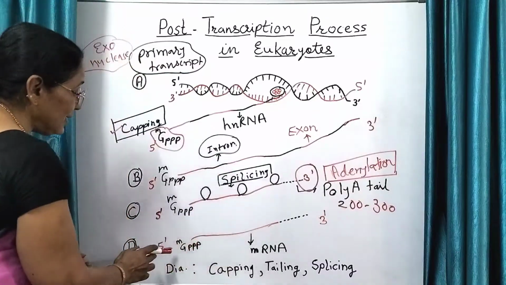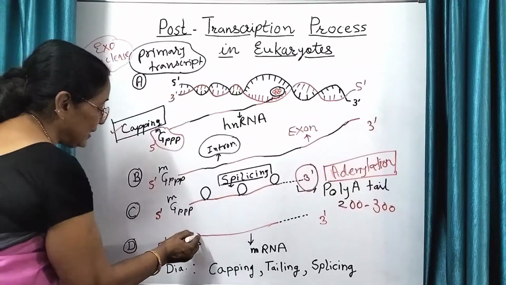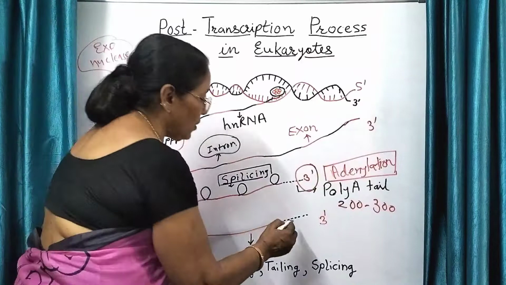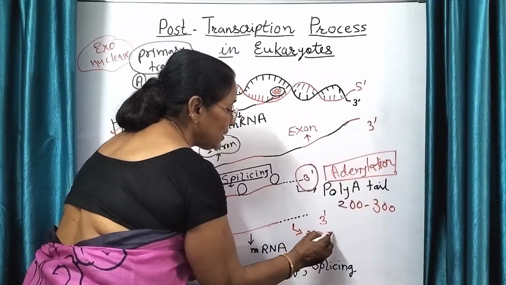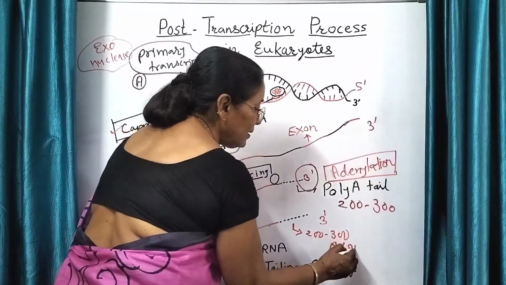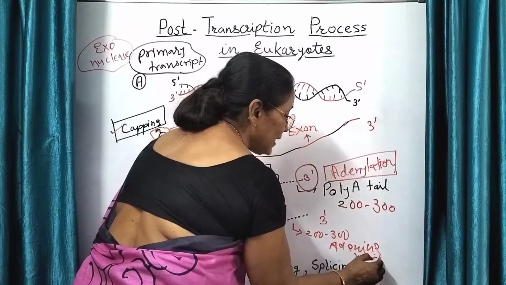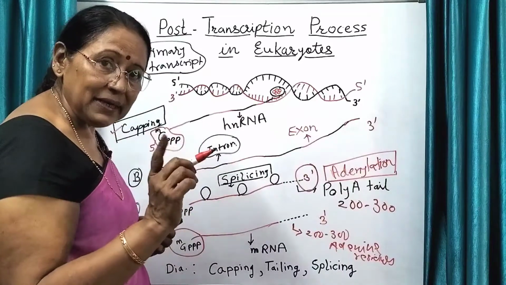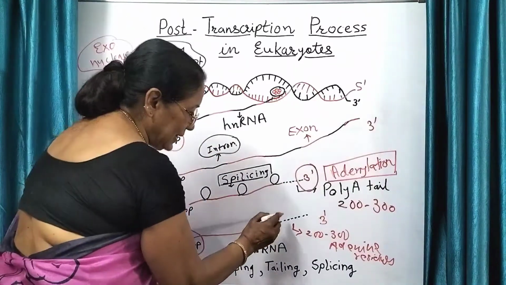Now we come to the final diagram. The capping has already been done, and adenylation has already been done, so these are the 200 to 300 adenine residues. In your final diagram, the post-transcription process has been completed. You can see the capping and the tailing.